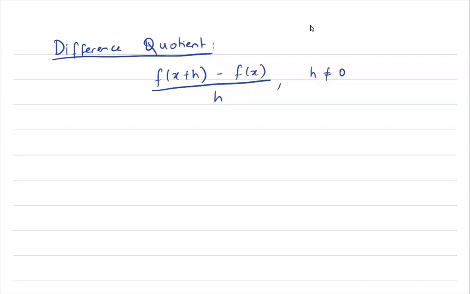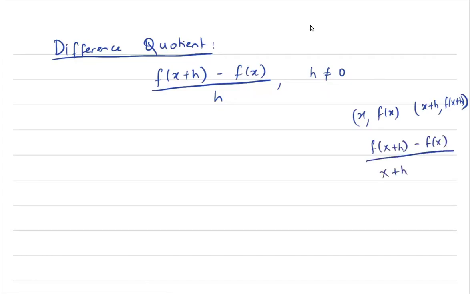So for example, if you have one point which is x comma f of x, and another point x plus h comma f of x plus h, then if you're calculating the slope of the line containing these 2 points, that slope could be given as f of x plus h minus f of x all over x plus h minus x, and this gets cancelled, leaving you with just h in the denominator.